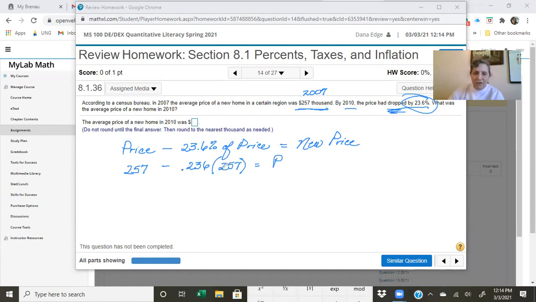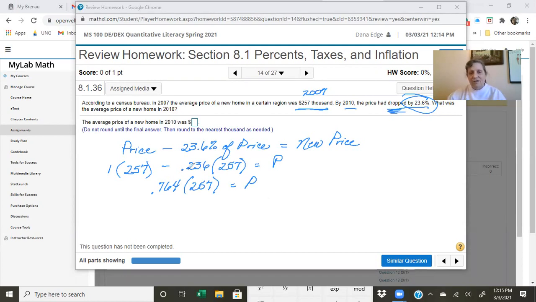Now, we could just do the arithmetic here, but notice that this is 1 or 100% of 257 minus 0.236 of 257. And since 1 minus 0.236 is 0.764, we could also treat this as 0.764 or 76.4% of 257 was the new price.